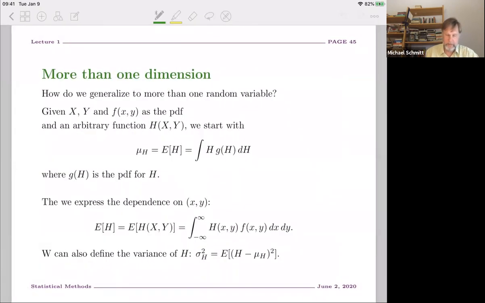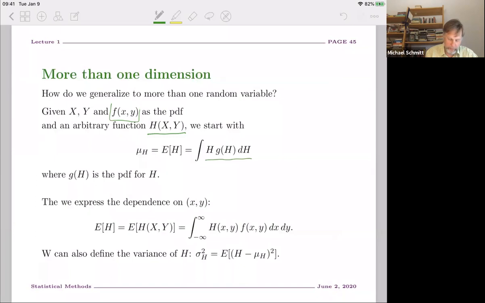Okay. We can do the same thing in more than one dimension, right? So now we go back to our two-dimensional PDF. We can have an arbitrary function h of those two random variables. We can calculate the mean of h by integrating with respect to a PDF for h.